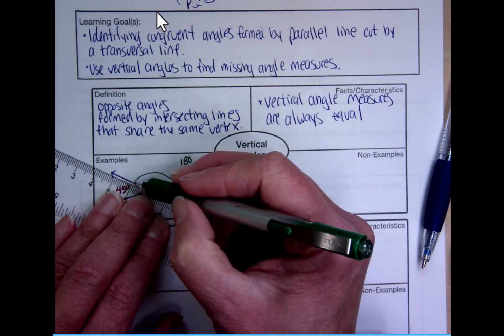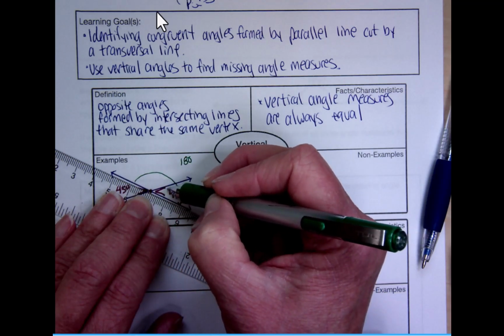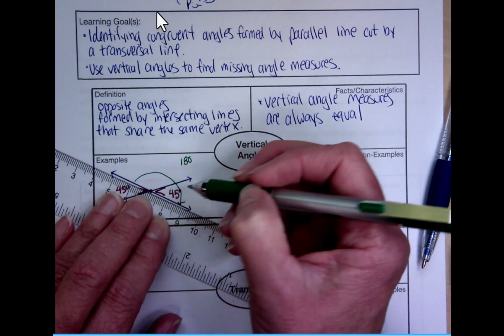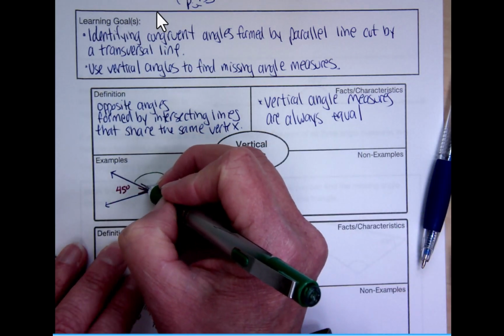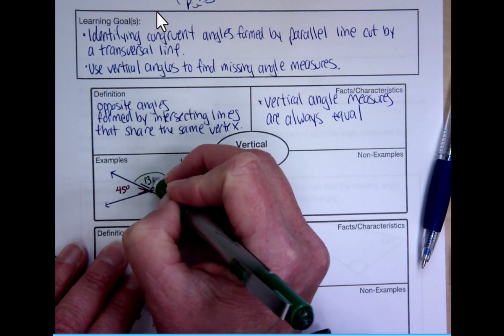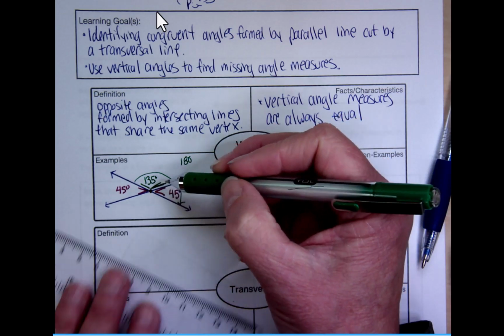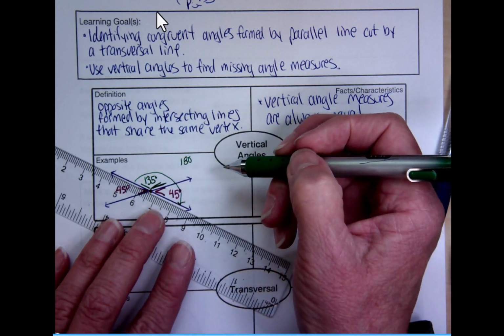So if this whole thing is 180 degrees, and I know that 45 of it is taken up here, then I can conclude that this other angle made by these two rays is 135 degrees. If I take 180 and subtract 45, I'm left with 135.